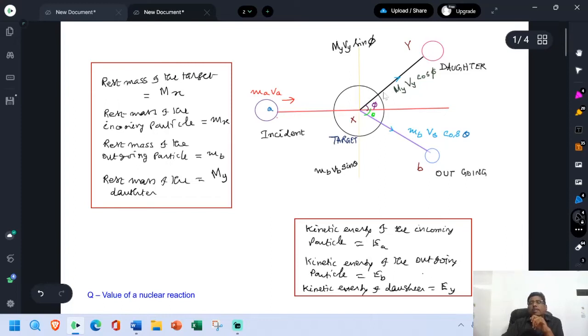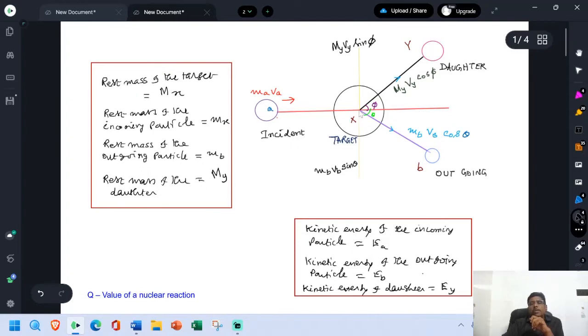The x component momentum of the daughter is myvy cos phi, whereas the x component momentum of the outgoing particle is mbvb cos theta. Here B is the outgoing particle which makes an angle theta with the initial direction.